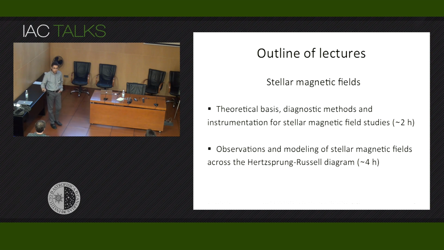So talking about things like Stokes parameters, polarized radiative transfer equation, methods of diagnostics of stellar magnetic fields, and also a little bit about instrumentation, what are the best instruments we can use for stellar magnetometry. And then in the subsequent part, I will jump back and forth over the entire chart diagram and talk about recent results and outstanding questions in stellar magnetism.